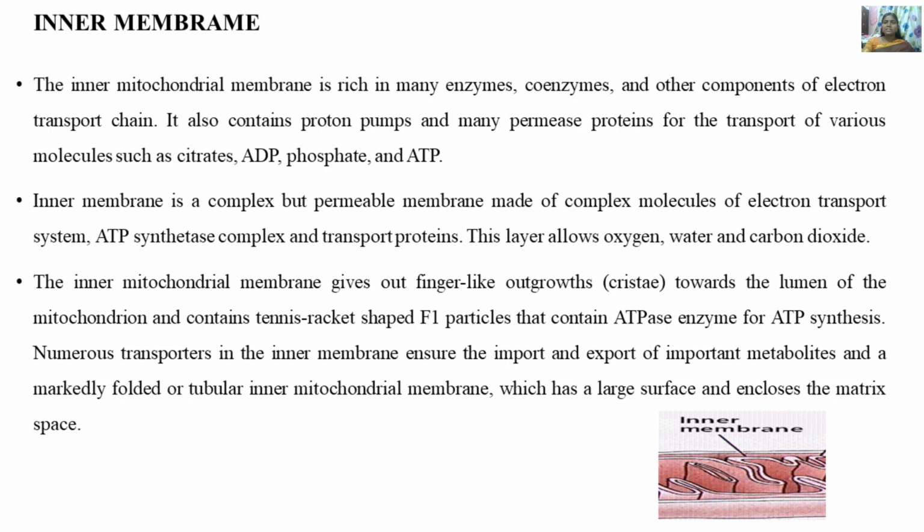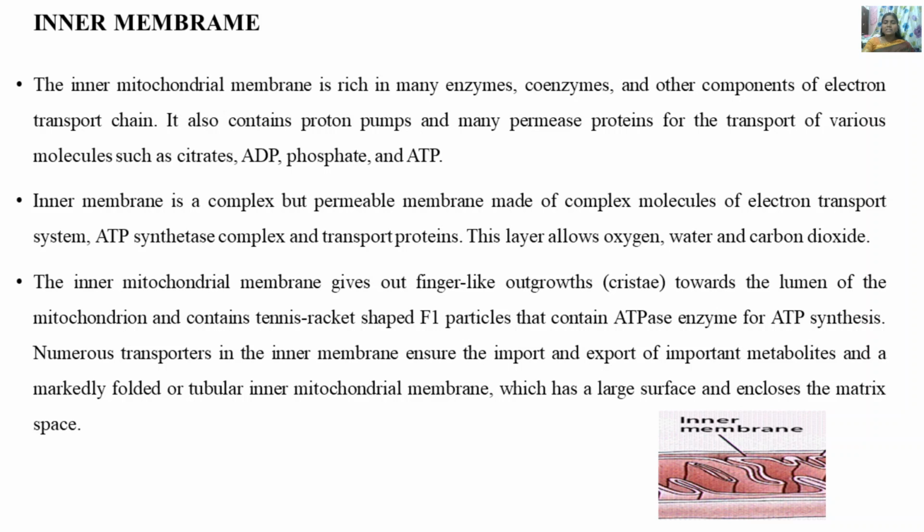It is markedly folded into a tubular inner mitochondrial membrane, which has a large surface area and encloses the matrix space. So this is the inner mitochondrial membrane. It is invaginated to form finger-like projections, just to increase the surface area for the metabolic reactions.